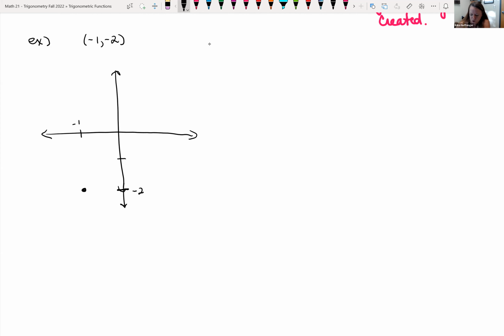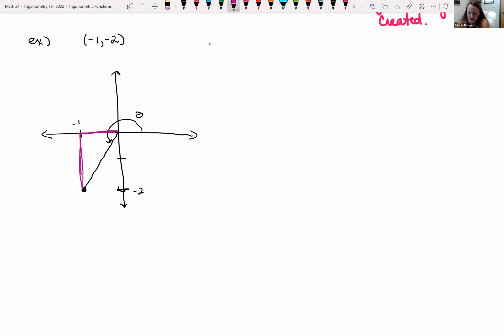So we're falling in quadrant 3. We're going to create the line between 0, 0 and that point. So this would be theta, but we're going to narrow this down so that we have a right triangle, always forming it with the x-axis.